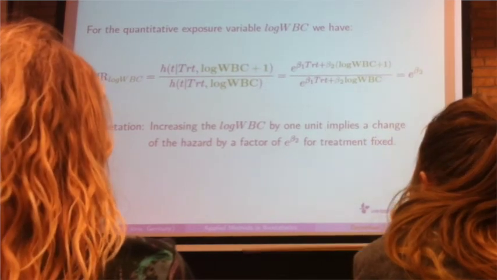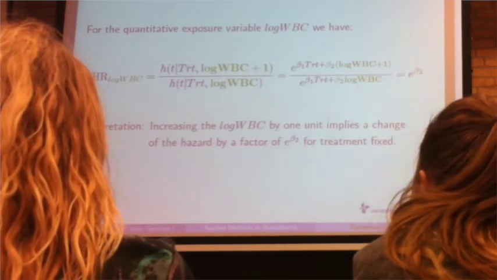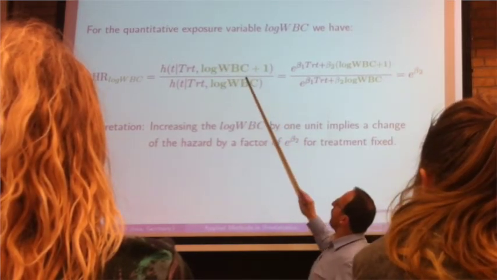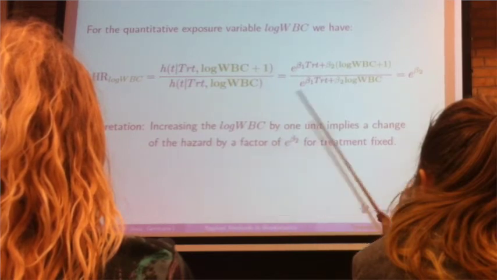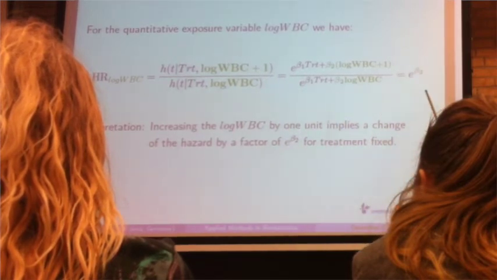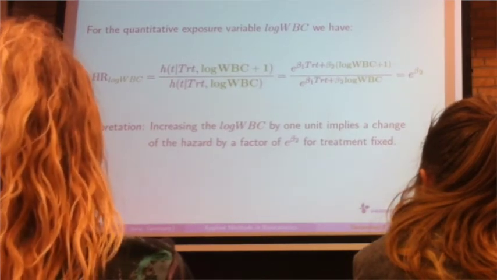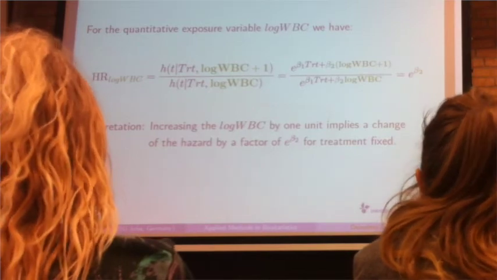So for the treatment group or for the placebo group, increasing the logarithm of white blood count cells by 1 unit means that the hazard increases or decreases by a factor of e to the power of beta 2.